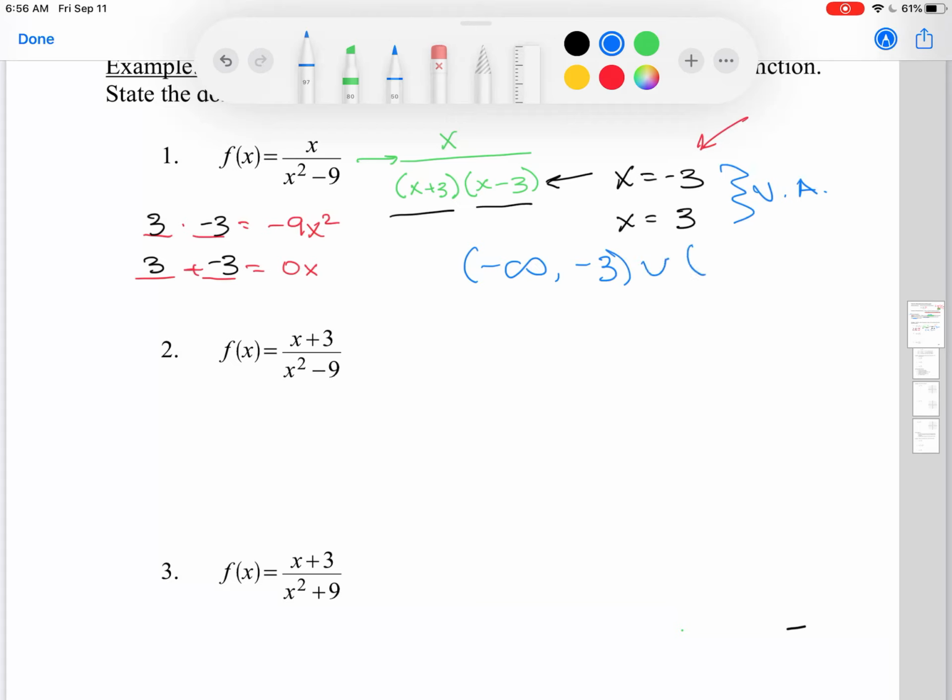That was my first restriction. Union negative 3 to positive 3. Union positive 3 to infinity. There's quite a bit of intervals on this one, but it is considered to still be the domain. All right, the only reason we have so many is because there are two restrictions.